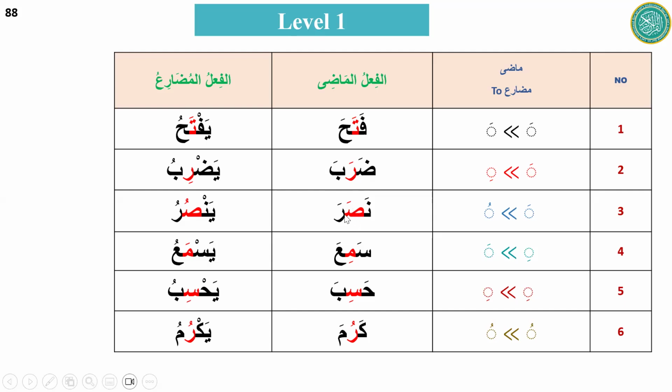Keep going and let's see the next example. Here we see nasara. What is there? There is fatha, zabar again. And then if we go to fi'lul mudare, that sod has fatha here. Here it becomes dhamma. If you focus on the second letter here, it is fatha, fatha, fatha, kasra, fatha, dhamma.